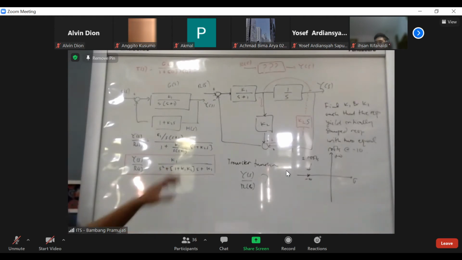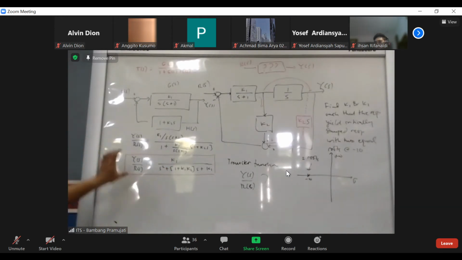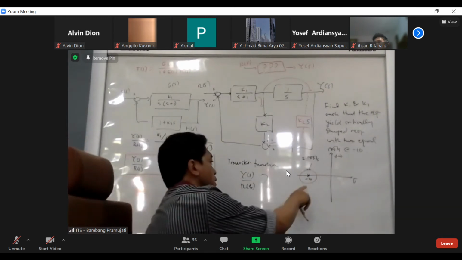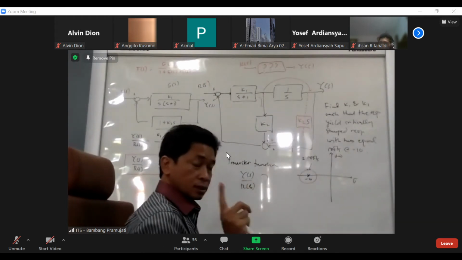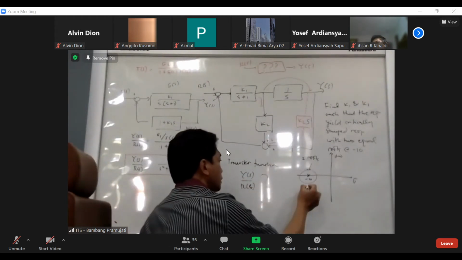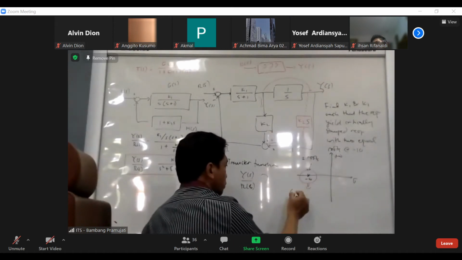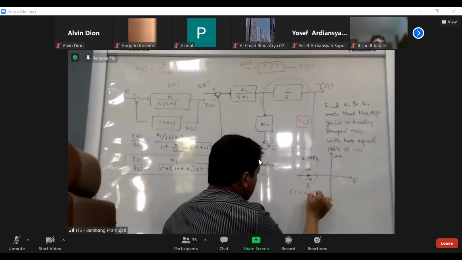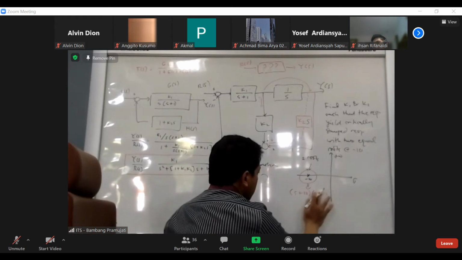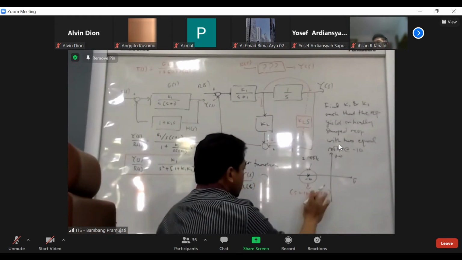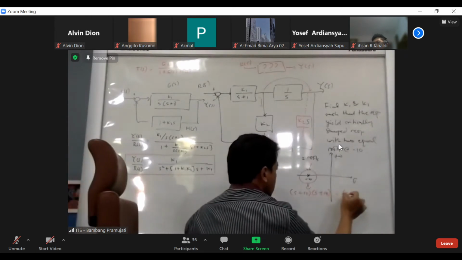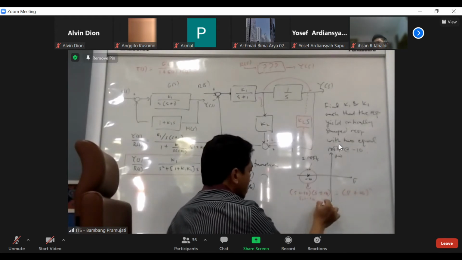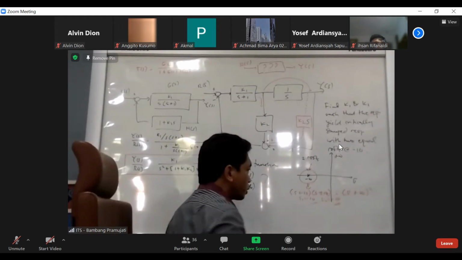Now, this is the equation that we have, and from this we know that it can be achieved by having a certain equation. These roots can only be obtained if I have the equation (s plus 10)(s plus 10), or (s plus 10) squared, same thing. Then I have s1 equals minus 10, s2 equals minus 10, both equal at minus 10.